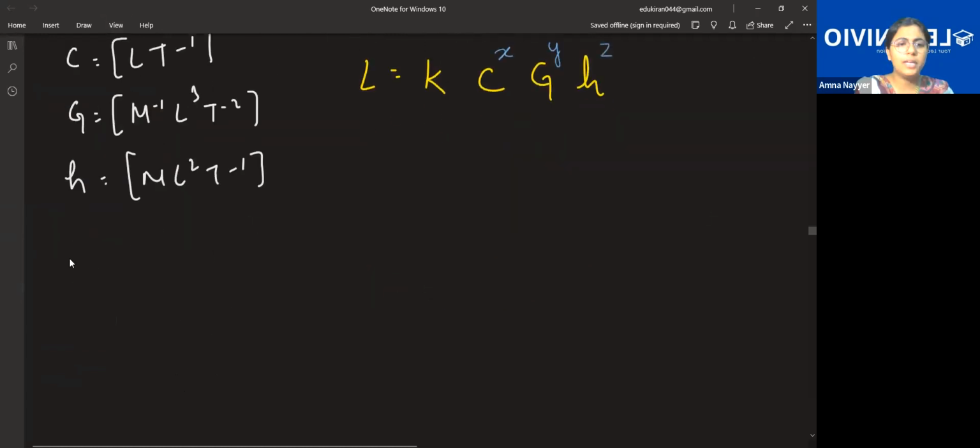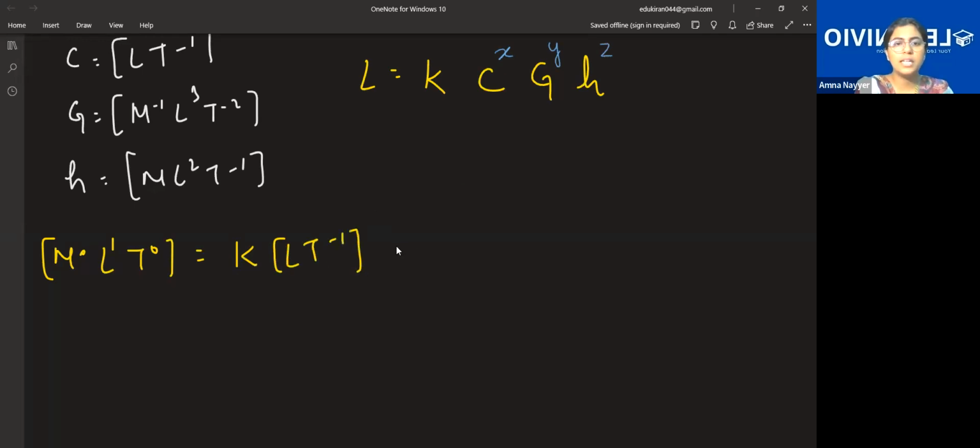So L will be m to the power 0, L to the power 1, t to the power 0, is equal to k. Now speed of light, this is L t to the power -1. Then G is m to the power -1, L to the power 3, t to the power -2. H is m to the power 1, L to the power 2, t to the power -1.